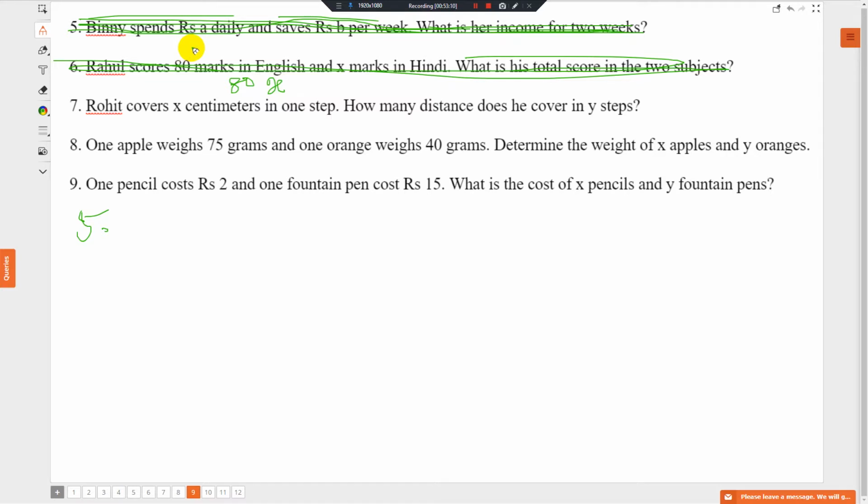Here the answer will be 14a plus b rupees. Here 18x marks, 80x marks, we know them.